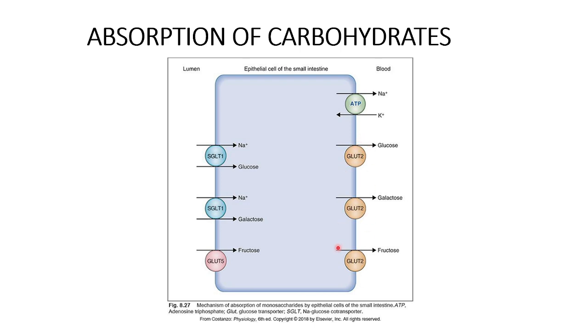They use a different transporter this time. On the basilar membrane, the transporter present is GLUT2, not GLUT5. So GLUT5 is only on the apical membrane, and GLUT2 is on the basilar membrane, used by all three monosaccharides.